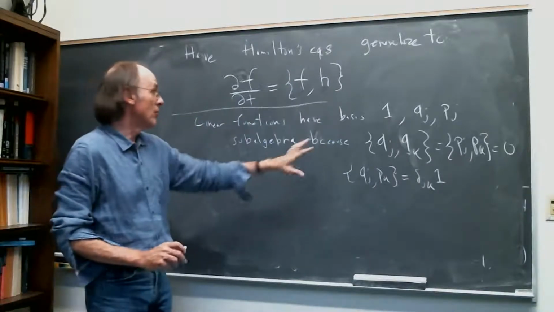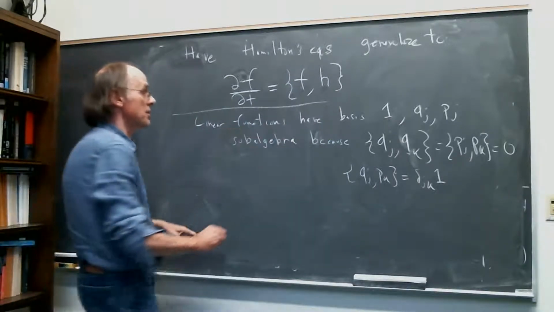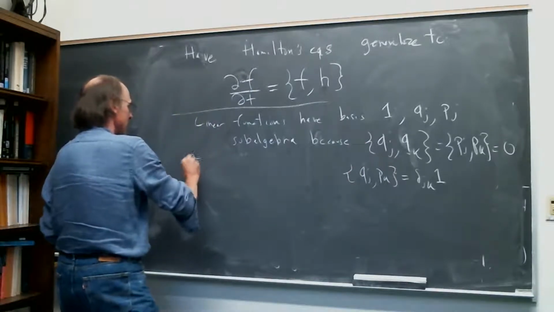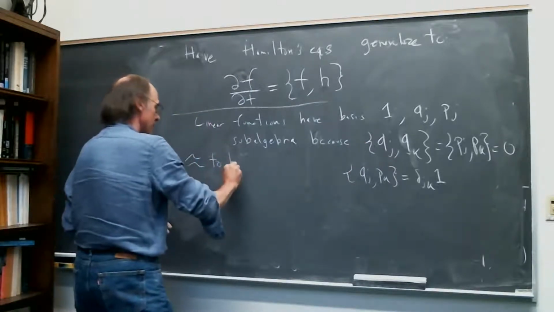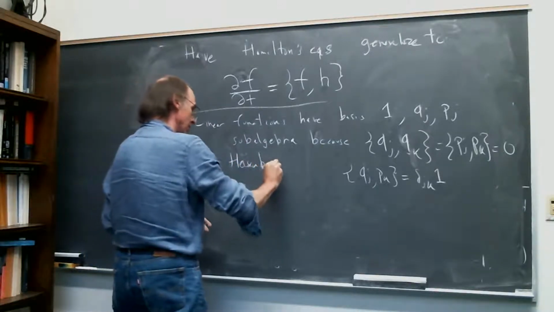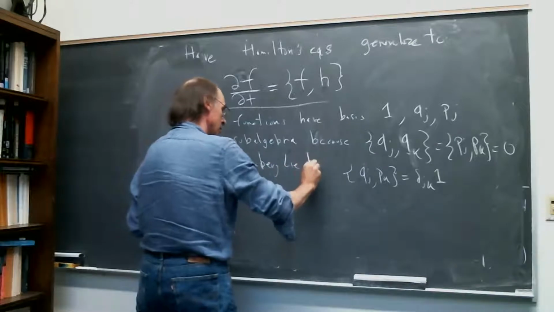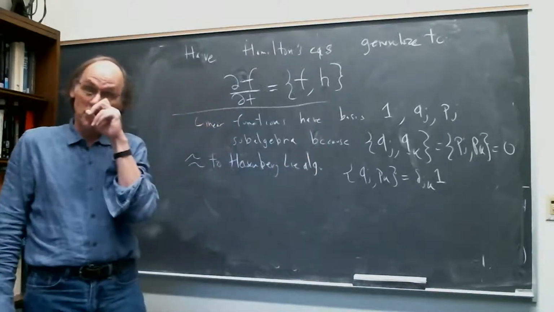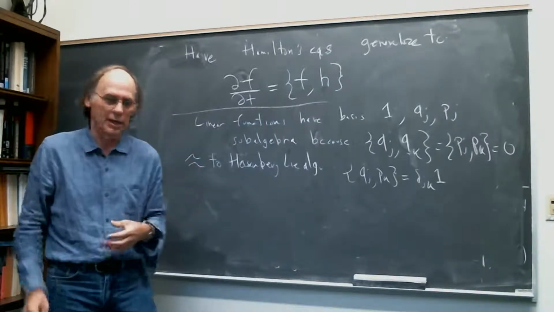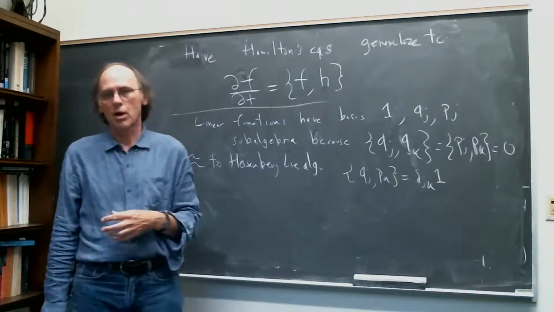So this is isomorphic to the Heisenberg subalgebra. You normally think of the Heisenberg algebra as something very quantum mechanical, something you only see once you start thinking about quantum mechanics.